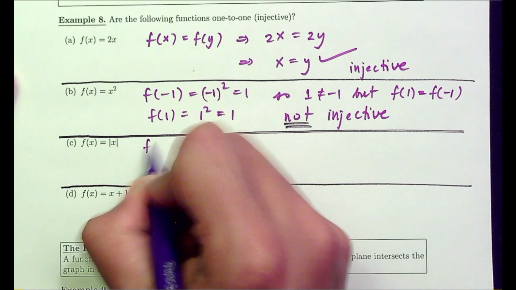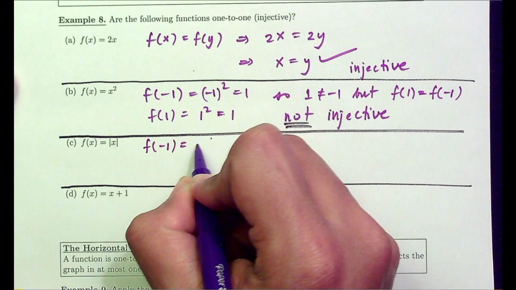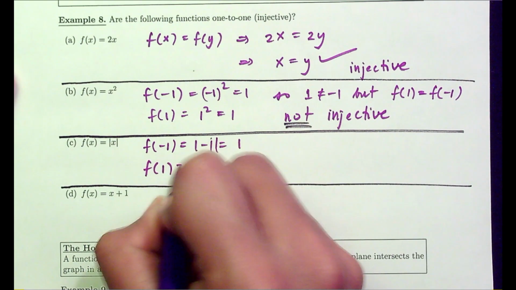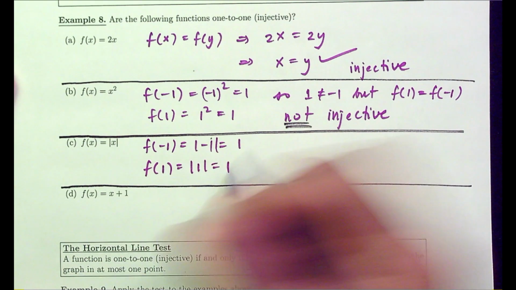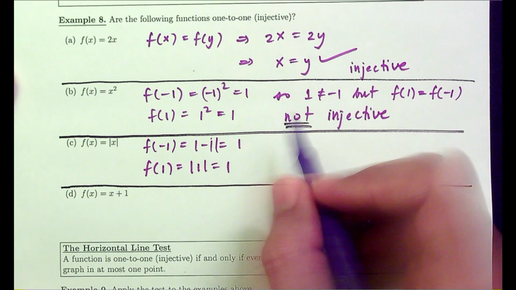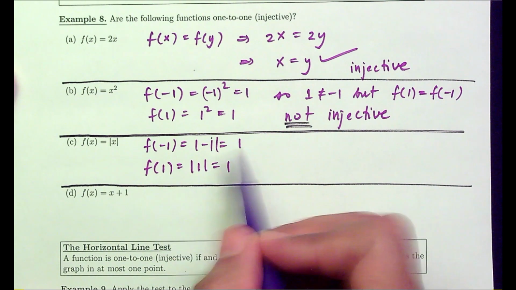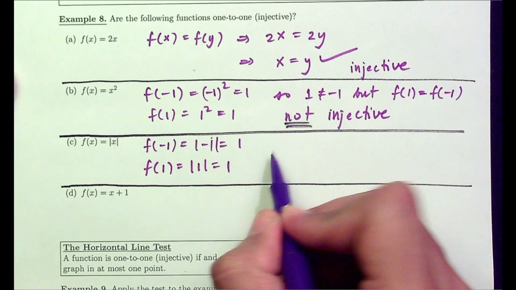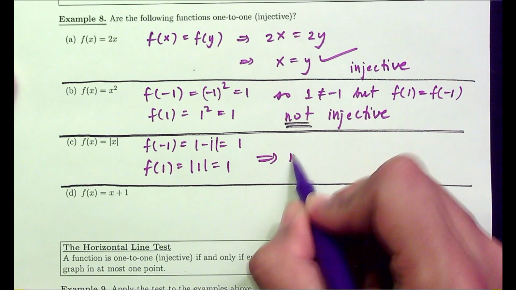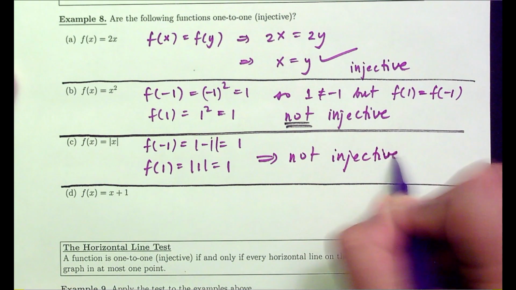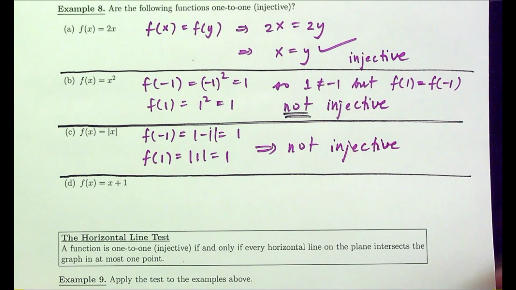If you plug in -1, you get the absolute value of -1, which is 1. If you plug in 1, you get the absolute value of 1, which is 1. So again, we found two different inputs that have exactly the same output. That cannot happen if the function is injective, so this is not injective.